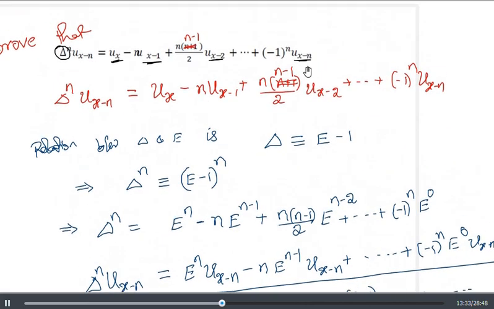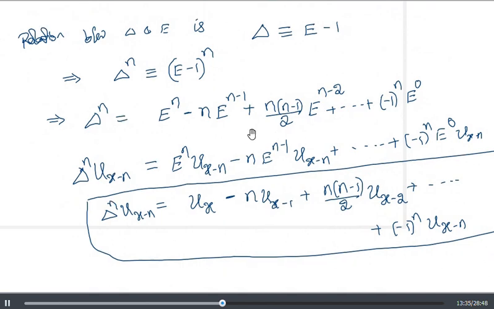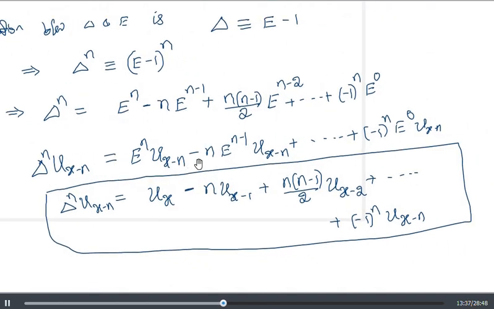Alright, so they are asking us to prove this. So now the proof is over. Just expand. You know the relation between the forward difference operator and the shifting operator. Write that relation, expand it, and operate it on u_(x-n). So we got it. So we proved it. Okay.